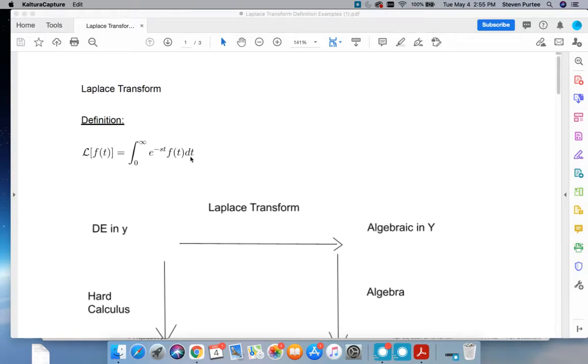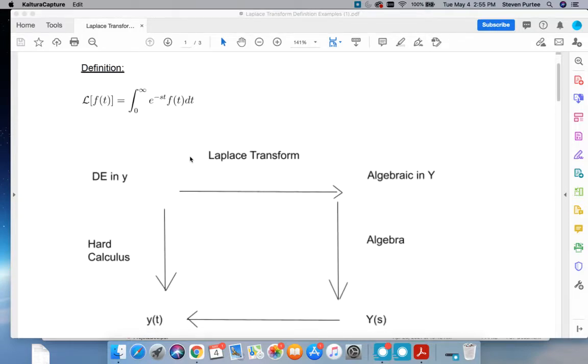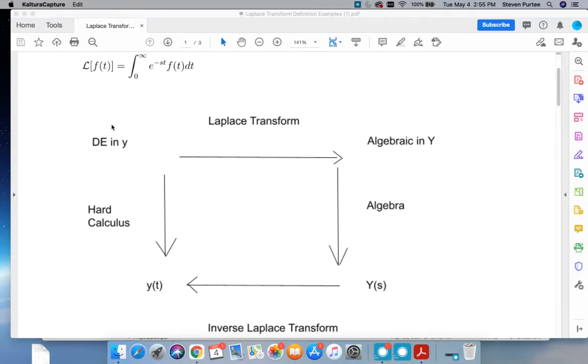under the integral. And here's the idea. This is where we'll be using the Laplace transform. We have some differential equations, some DEs. We could just do the hard calculus, solve the differential equation, and get our solution. What the Laplace transform allows us to do, though, is we take the transform and we end up in this different region.